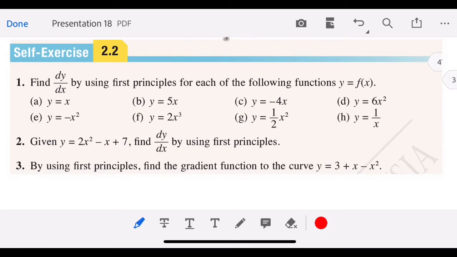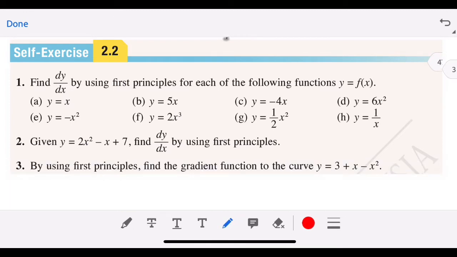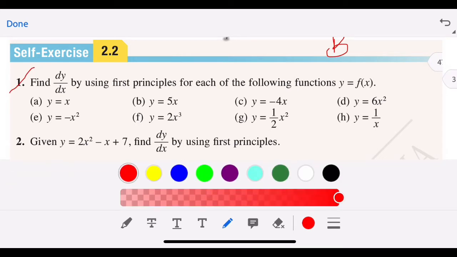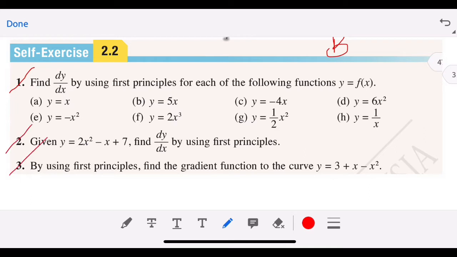In my previous video, I discussed with you how to use the concept of limit to find the first derivative. So today you have to do a few exercises in your book B. The exercises that you need to do are all the exercises for question number 1, question number 2 and number 3.